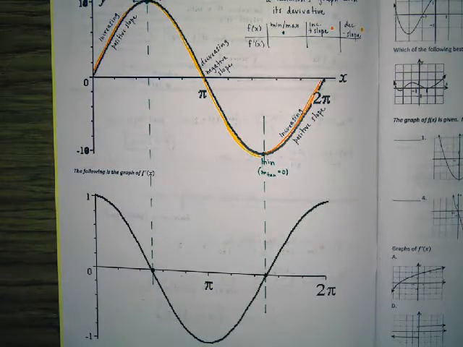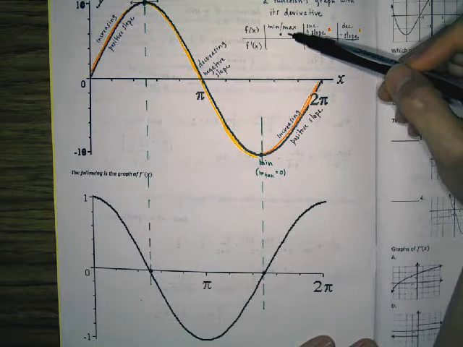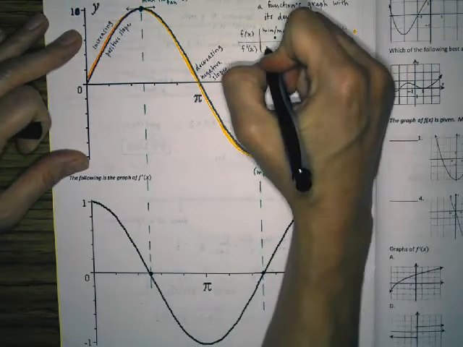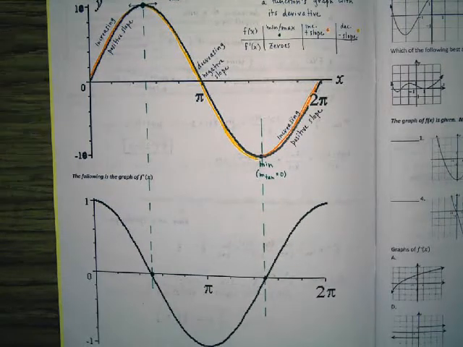My min value corresponds to a 0 of the derivative. So that's the first connection we want to make. The mins and maxes on f of x correspond to the zeros of my derivative. So that helps our derivative start to take shape.